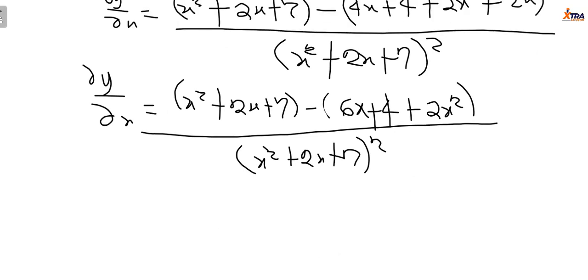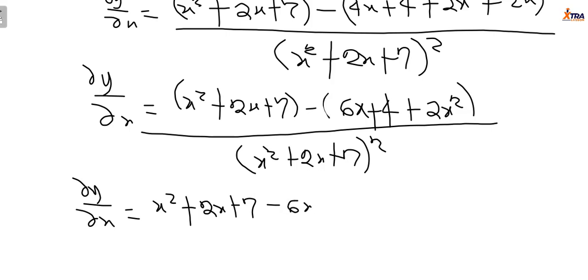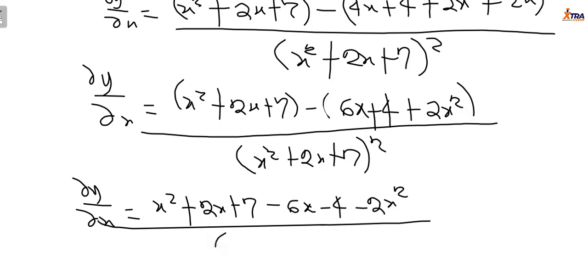So we open these brackets now, we are having dy over dx equals x squared plus 2x plus 7 minus 6x minus 4 minus 2x squared, over x squared plus 2x plus 7 all squared.